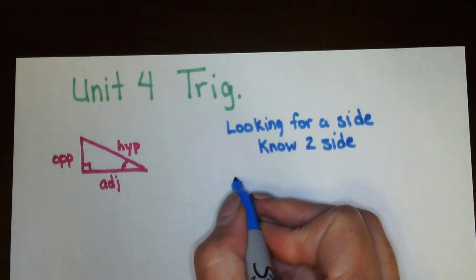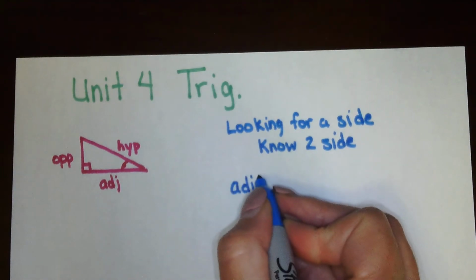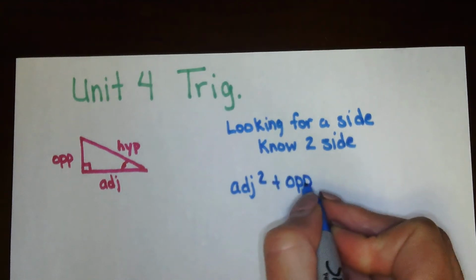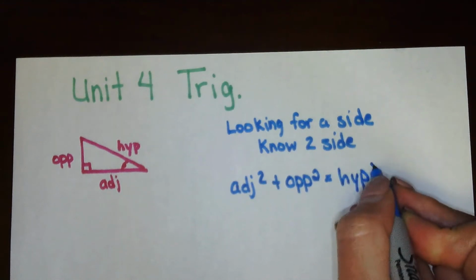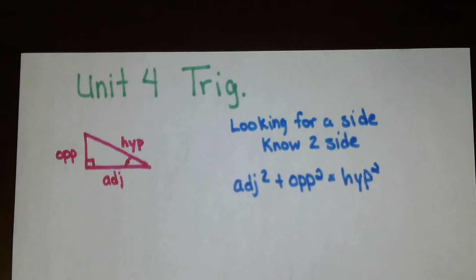So that's just going to be either my adjacent squared plus my opposite squared is equal to the hypotenuse squared. And you're going to see this go into effect right away here. I'm just going to write down the formulas more so than anything, and then we're going to put them into practice when we get into the examples.